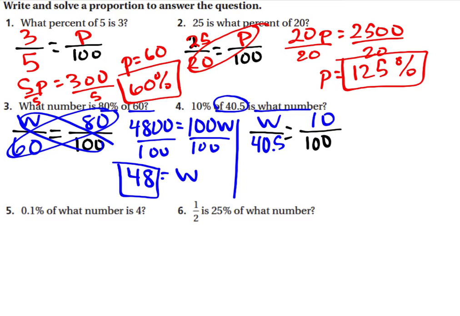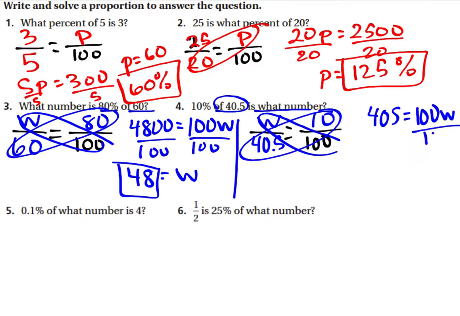Cross multiplying here, 40.5 times 10 is 405. 100 times W is 100W. We can divide by 100, and we get W is 4.05. So, 10% of 40.5 is 4.05.